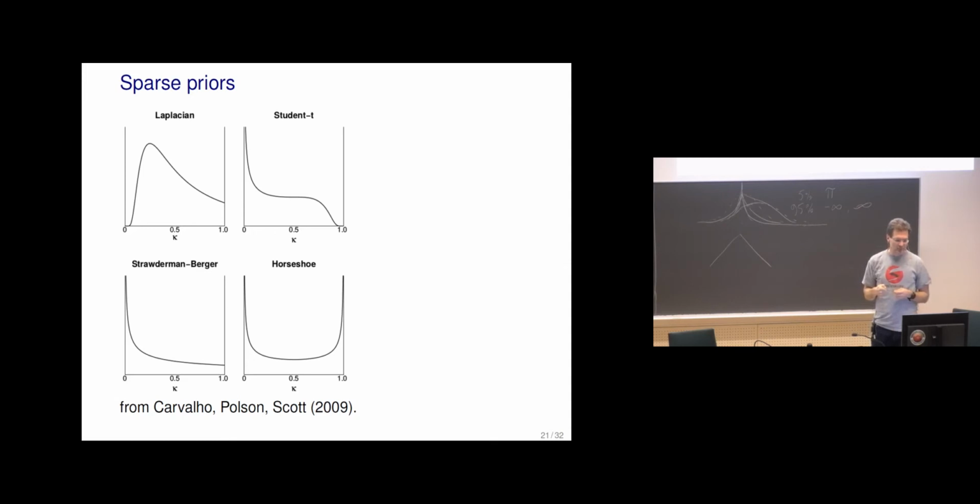And then the horseshoe is what I recommend if you have prior information that only some of the covariates are relevant, because then it has a spike there: a lot of posterior mass for those that are shrunk completely, and a lot of posterior mass for those not shrunk at all.